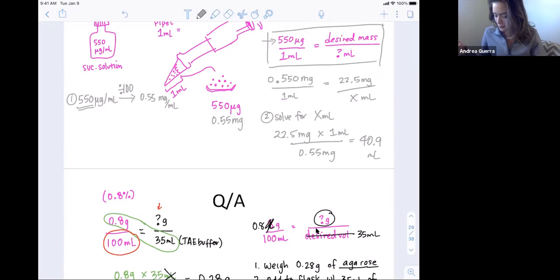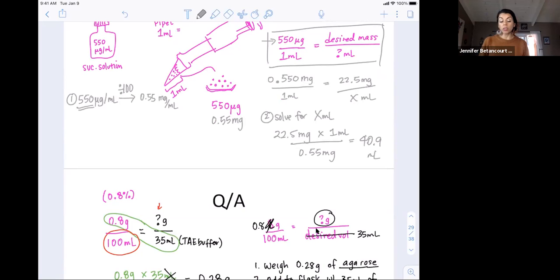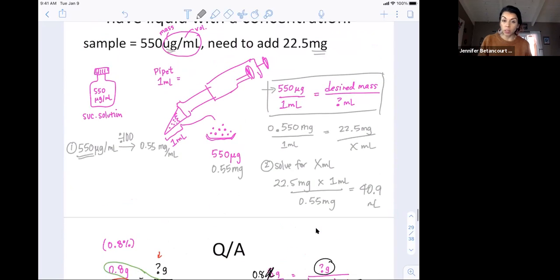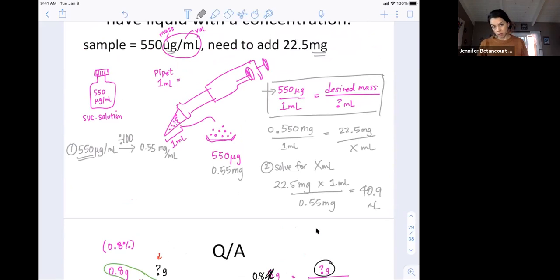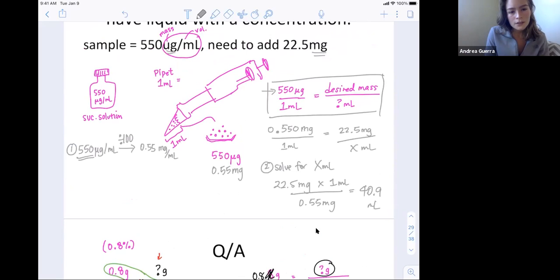That would be 40.9 milliliters of, oh, I had this, but so it'd be of the, I don't know. So it'd be of the solution in the jar. Yeah, so what is the solution in the jar according to my little diagram here on the picture? What is the solution? It's, I don't know.